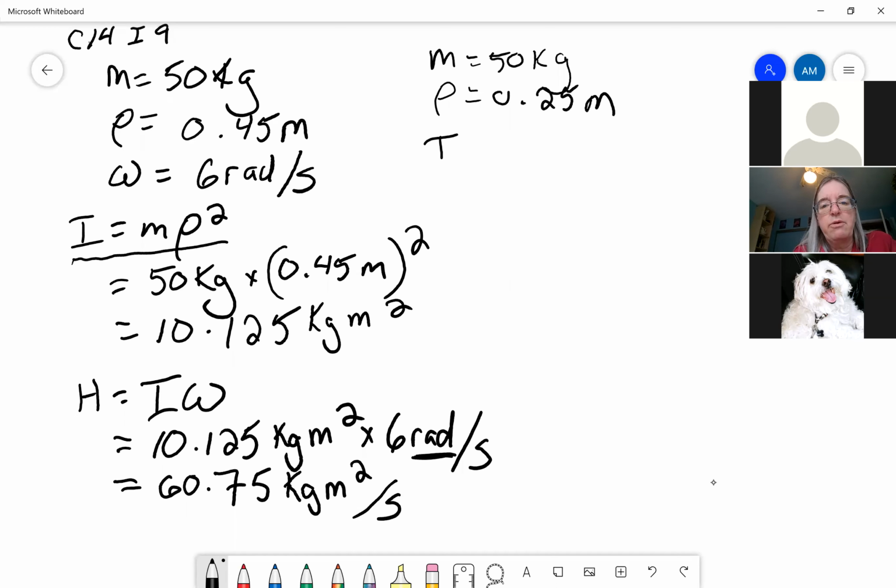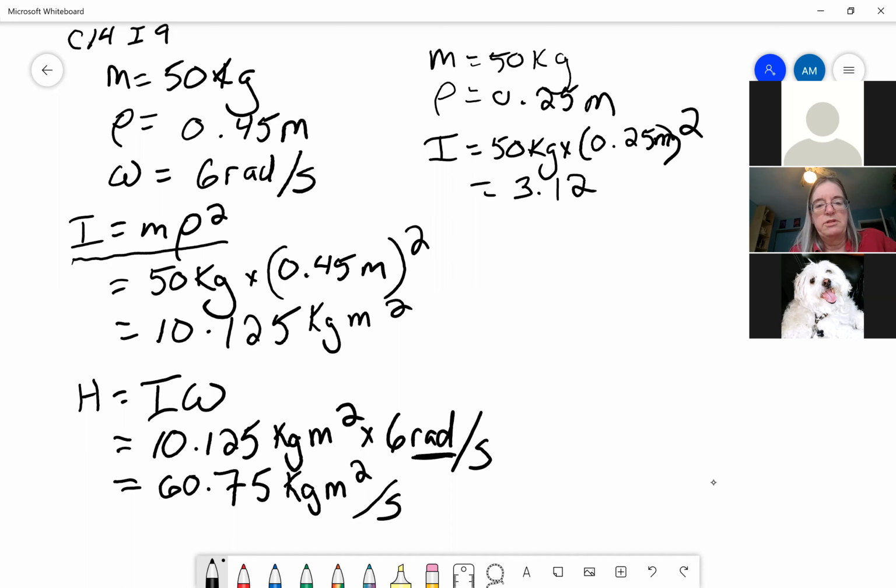So I is now going to equal 50 kilograms times 0.25 meters squared, which is equal to 3.12 kilogram meters squared.